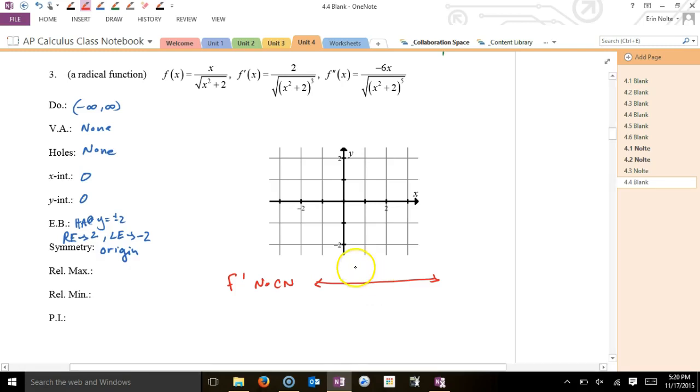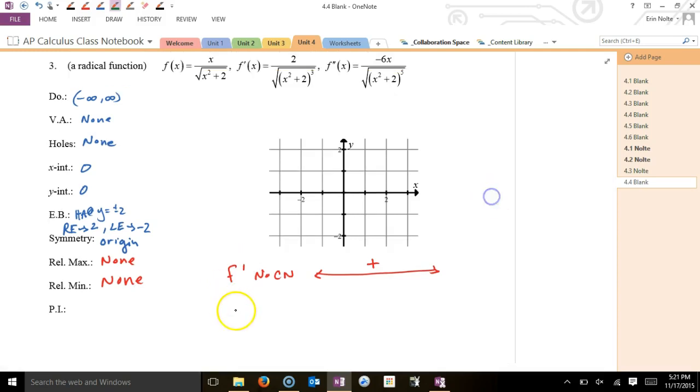If I plug, let's just say 0 in, I get 2 over a positive, so I get positive over a positive. This thing is increasing always. Okay, so it's always going up. Can I have a max or min if it's always going up? No. So we have no max, no min. Don't have a lot to go off yet.